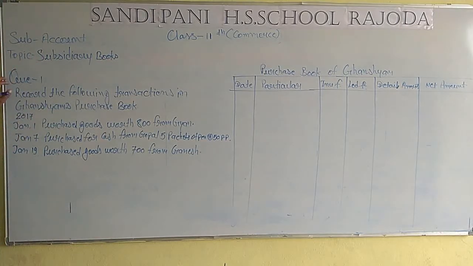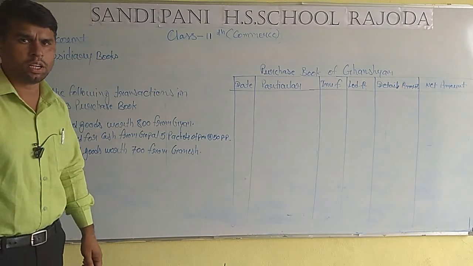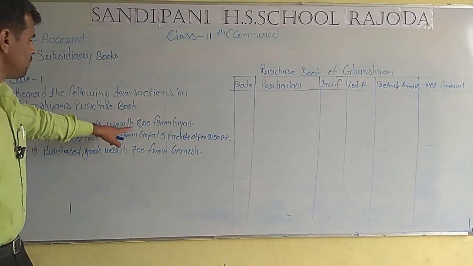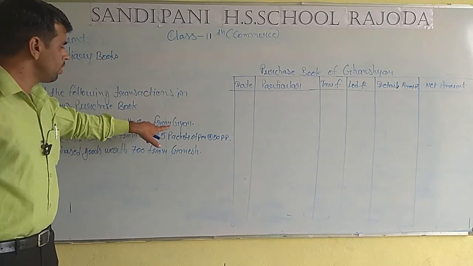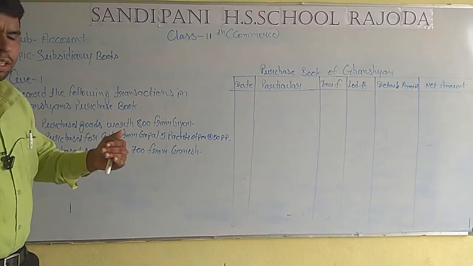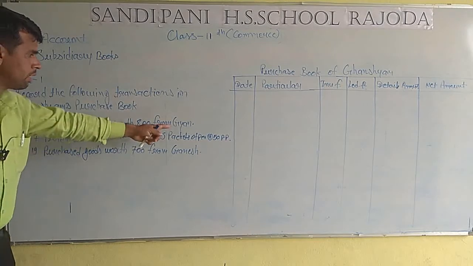In question number first, this transaction has been given: Record the following transactions in Ghanshyam's purchase book. In this question we have to make Ghanshyam's purchase book. 2017 January 1st, purchased goods worth rupees 800 from Gyan. Here it is given that Ghanshyam purchased goods from Gyan.